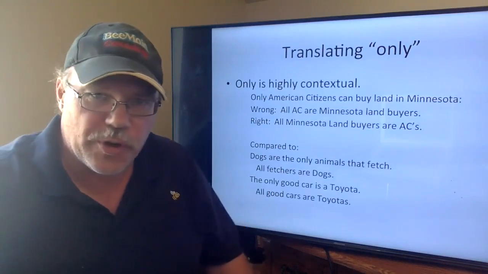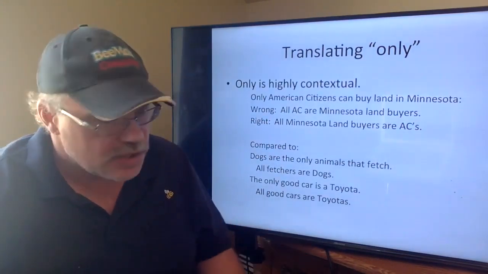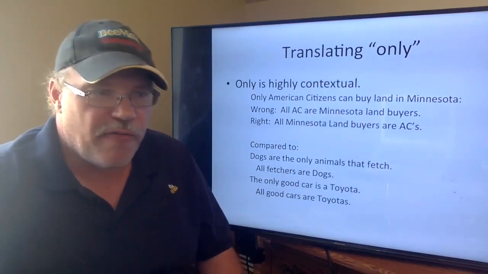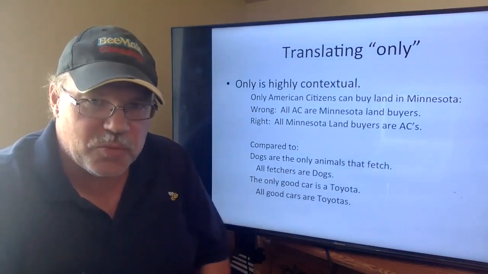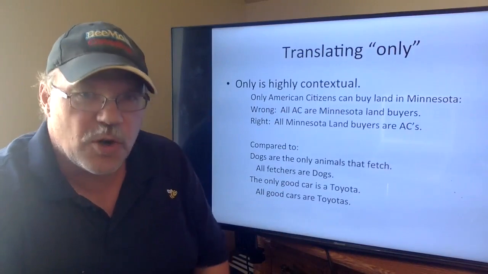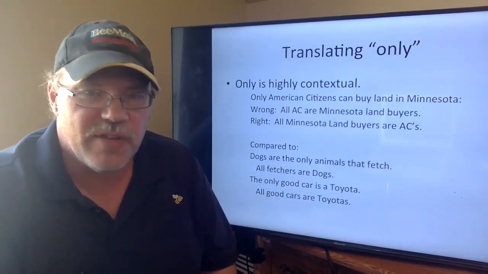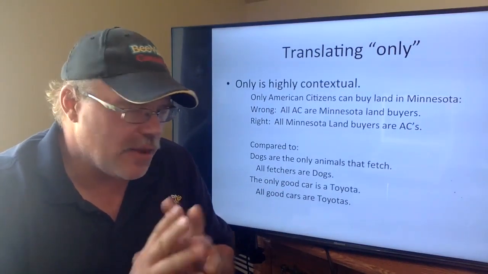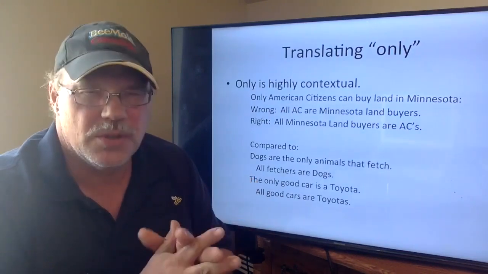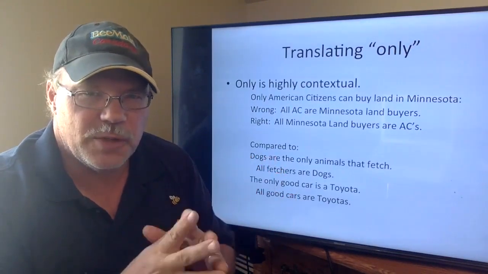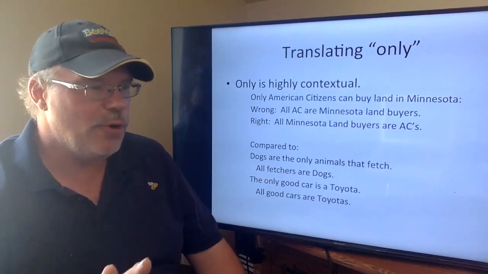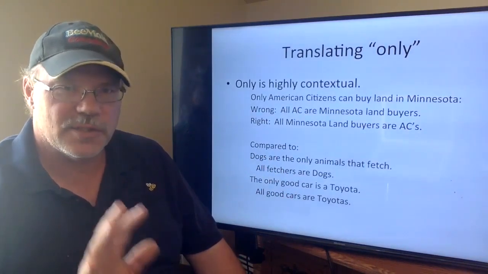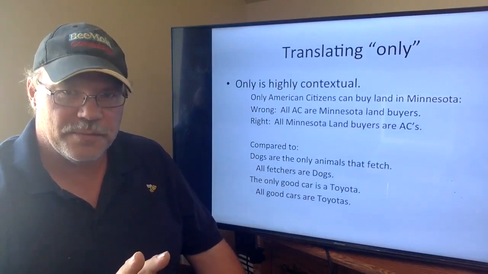Now, is that super confusing? You bet it is. Could I find a textbook that spends about 5 pages trying to explain it to you? Mr. Copi does a fantastic job of giving you, I think, about 19 rules for figuring out "only." I'm not going to make you do that. My rule for "only" is: stop, drop, and think.